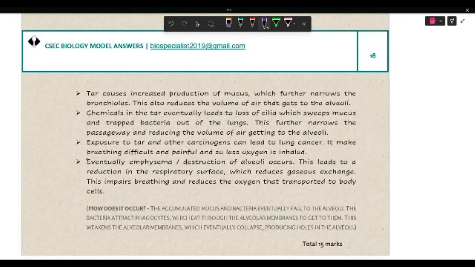Then we have tar again and other carcinogens. That's going to lead to lung cancer. Right? The lung cancer is what's going to make breathing difficult. It's going to make breathing painful. And of course, less oxygen is inhaled. Right?